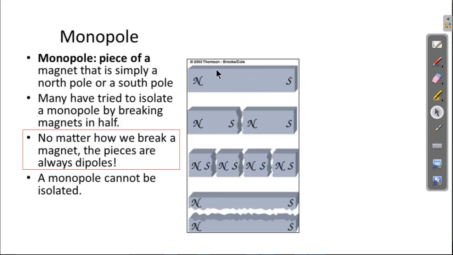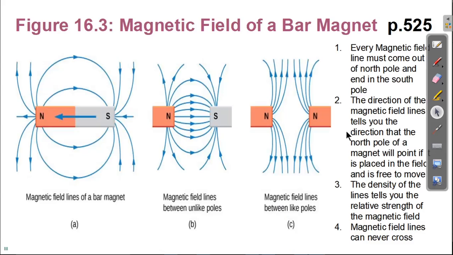We cannot just have a magnet that has a north pole or a magnet that just has a south pole. Every time that you cut a magnet in half, it develops a north and a south pole. And you can cut it into as many pieces as you want. It keeps developing the north and south pole. So all magnets exist as dipoles. Okay? So far so good.